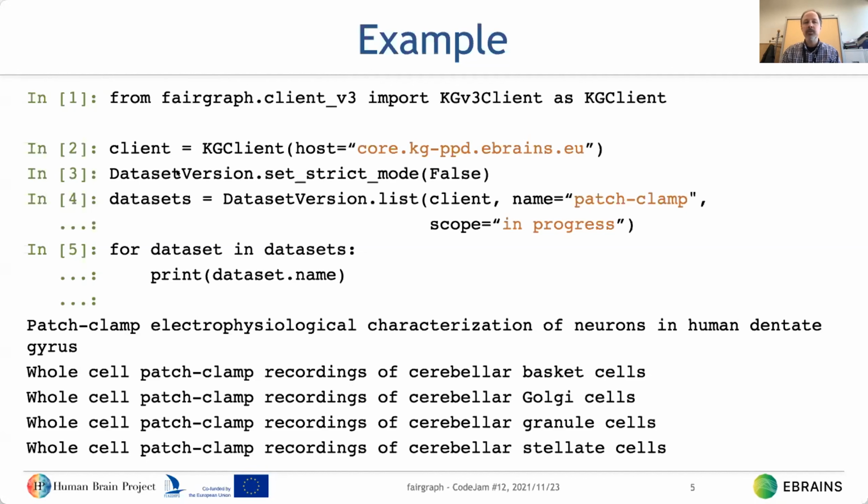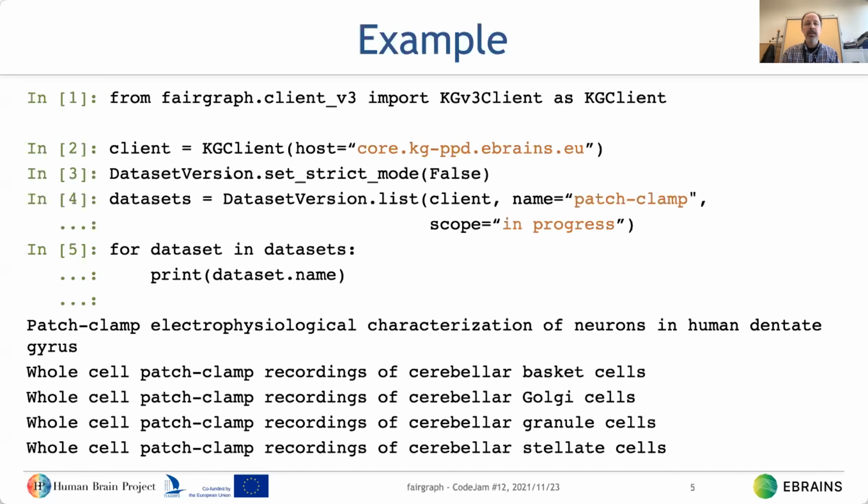And so you probably, for the time being, want to set this strict mode to false, and then it will tell you if some required fields are missing, but it won't cause an exception. If this is true, which is the default, it will just complain and create an exception if there are missing fields.